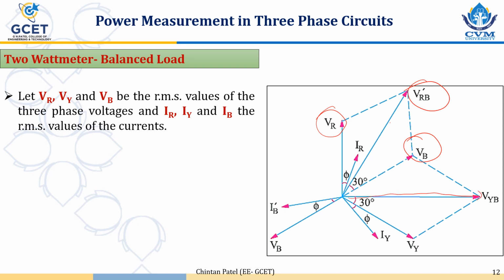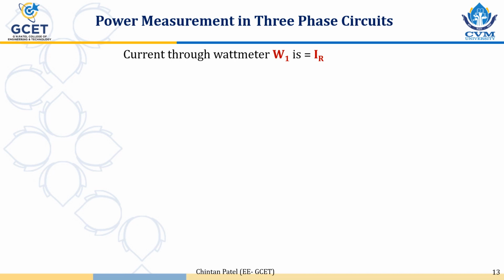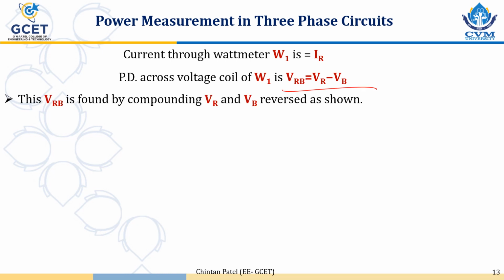The respective currents measured are IR and IY, so they can be expressed by vectors as seen in the diagram. The current through wattmeter W1 is IR. Potential difference is VR minus VB, that is the vector difference.